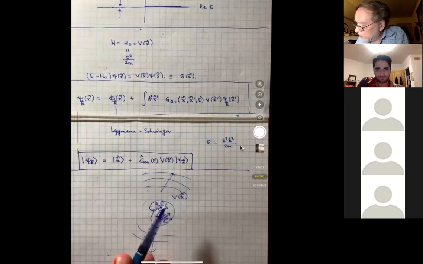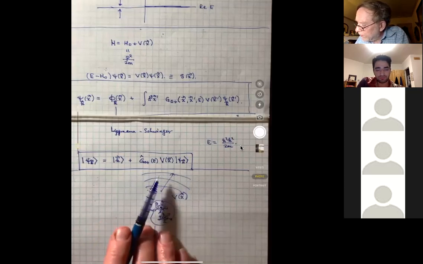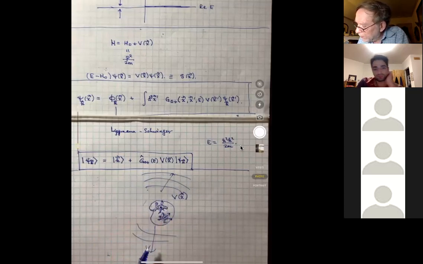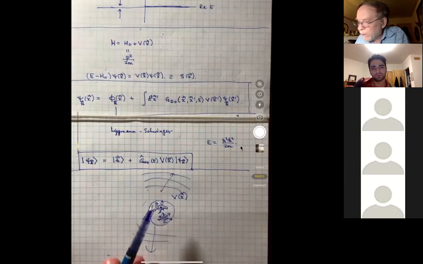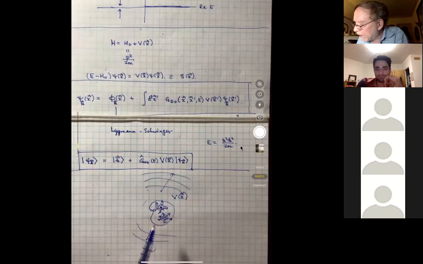And what that means is the assembled scattered wave moving away from the scatterer would be isotropic. This, as we saw earlier, is what we called S-wave scattering. It's isotropic. On the other hand, if different parts of the scatterer were out of phase with one another, then you get a directionality to the scattered wave. So any directionality is due to the fact that these little radiators are out of phase.